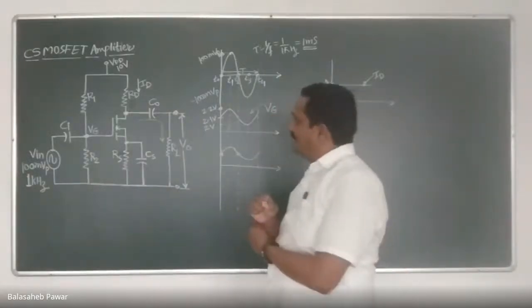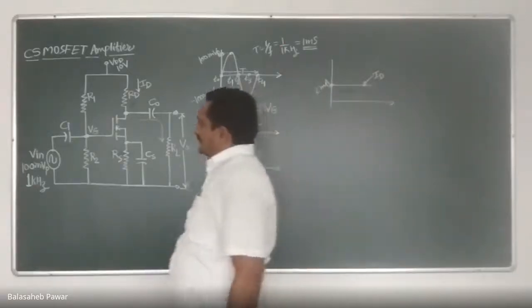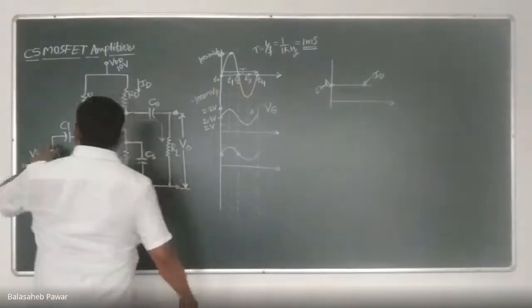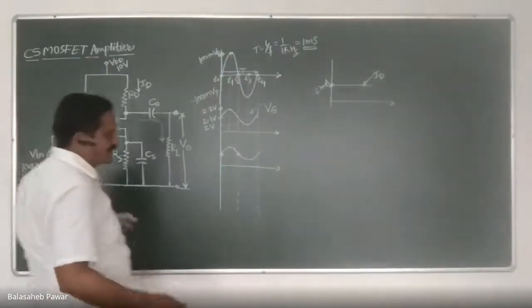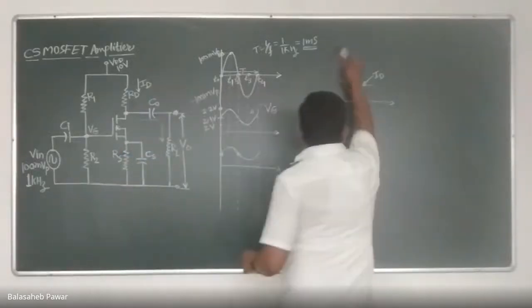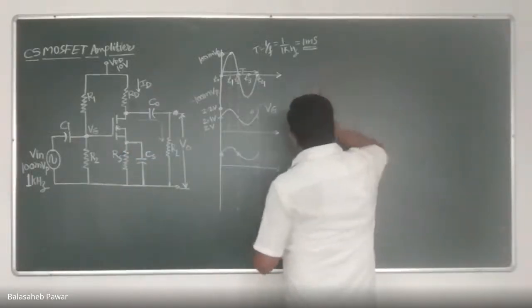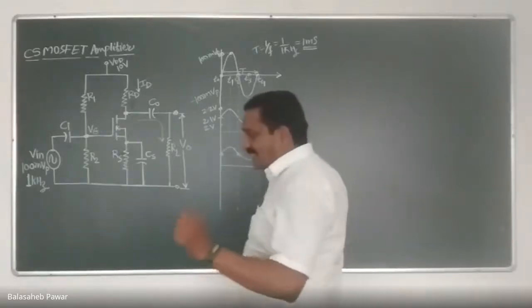Okay, again, one more thing I want to ask you. In the absence of input signal, when Vin is equal to 0, the resistance offered by the device, or the resistance between drain and source of this transistor, will be infinite or finite?